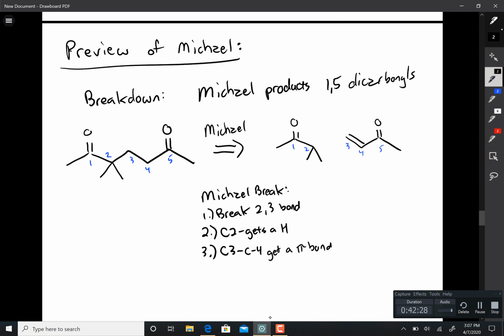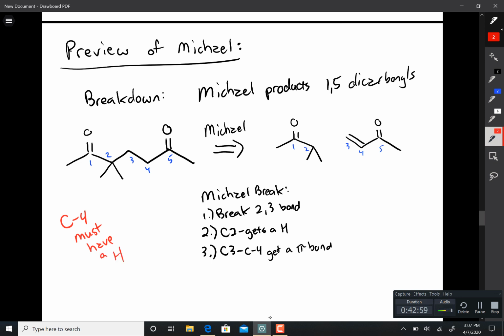Now, since there are two carbonyls, it's possible to number them either way, just like the Claisen condensation. However, unlike the Claisen condensation, it may or may not work. The important thing is a Michael product is a 1,5-dicarbonyl. Carbon 4 must have a hydrogen.